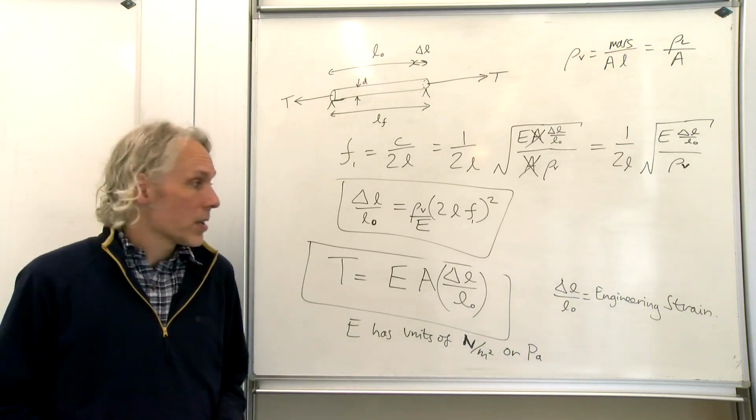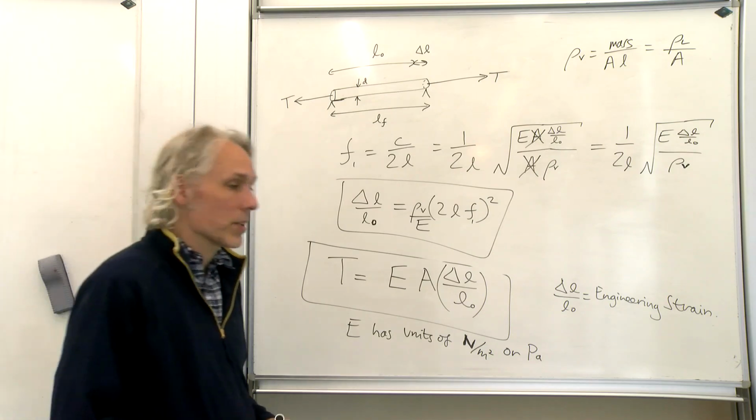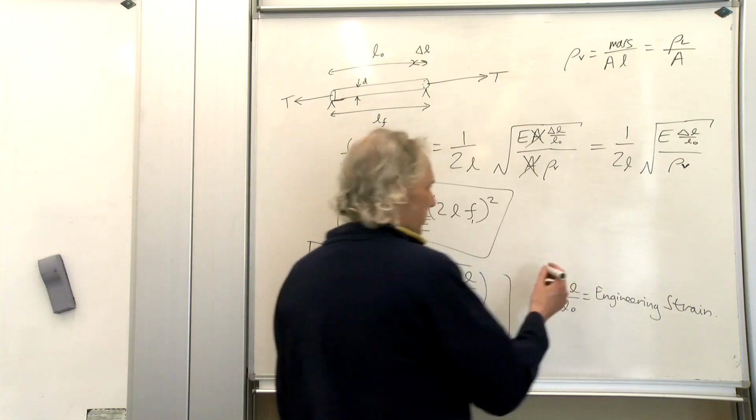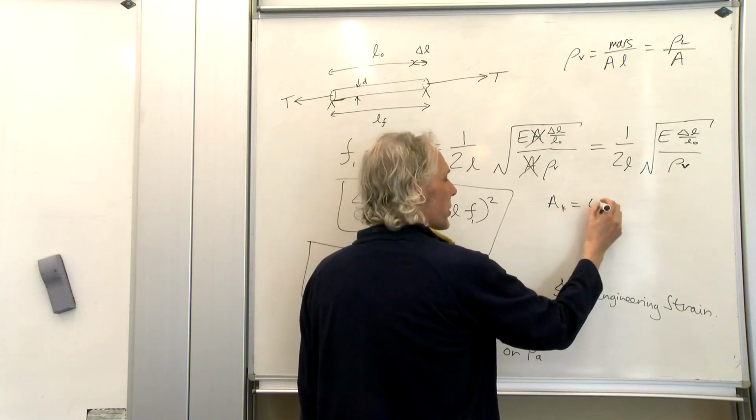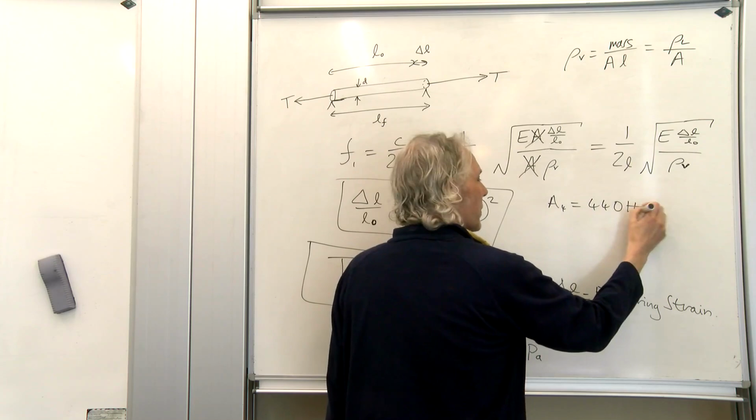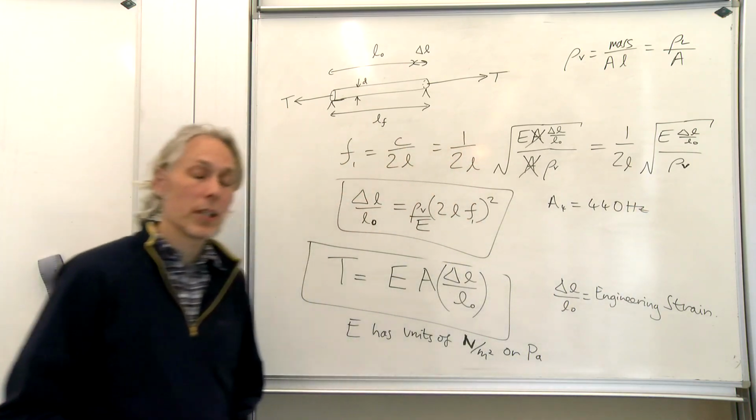So we need to define that in more detail and put in some numbers. Let's do it. So the A4 we define as being 440 Hertz. That's actually the 5th fret of the high E string.